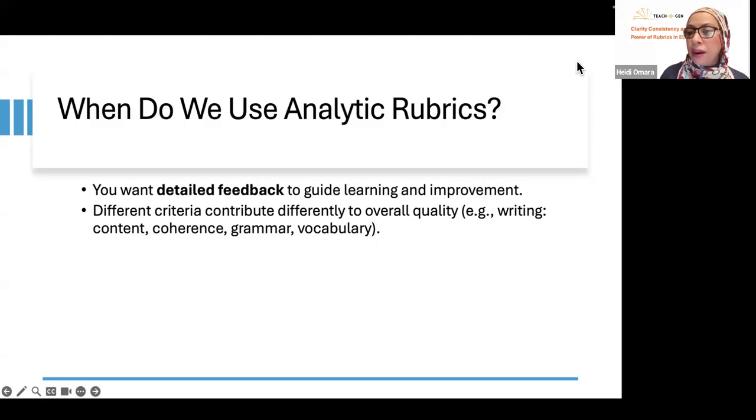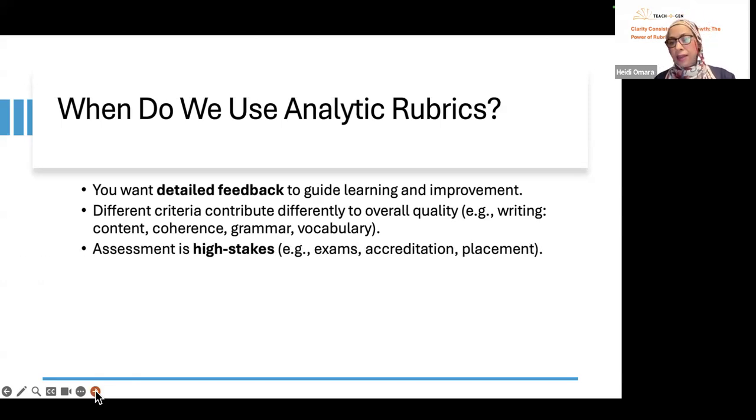I want to know in a piece of writing what exactly my problem is. Is it my content? Is it the ideas? Is it the coherence? Is it the grammar? Is it vocabulary? Because it's going to affect my future performance as a university student, for instance. Then go for the analytic rubric because they need to know exactly what their problem is.